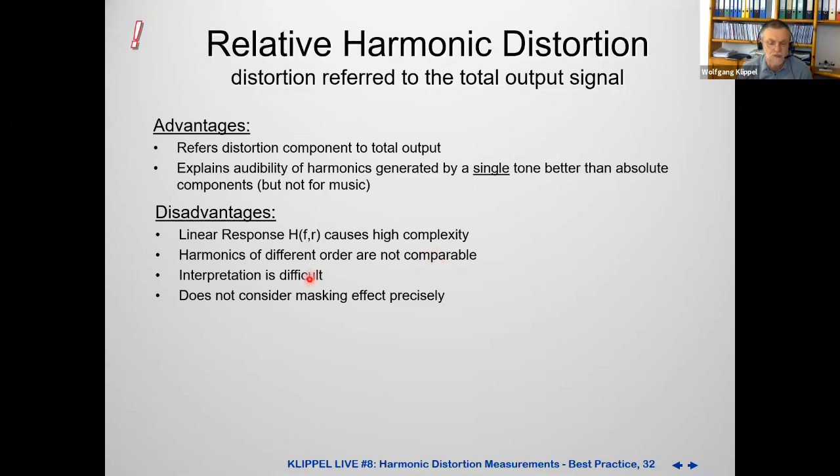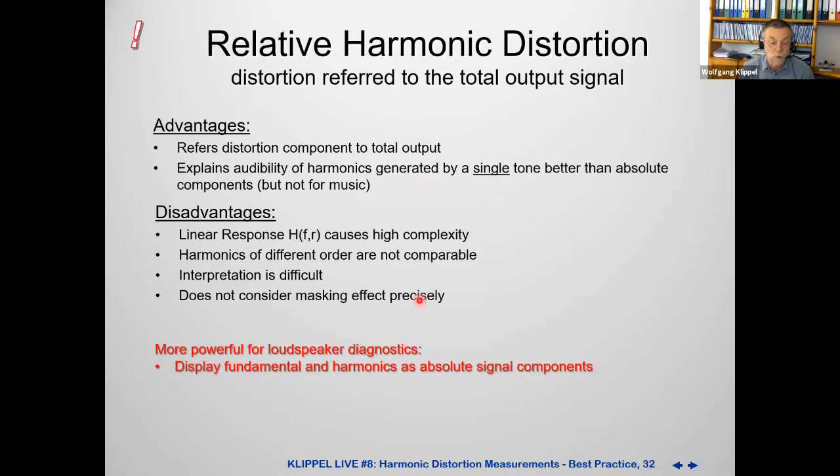The interpretation is difficult. And it is not even 100% precise psychoacoustical processing of the masking. That's not true. So it's only a very rough comparison. If you would like to use the percentage value, first of all, we recommend to interpret this on the absolute scale.